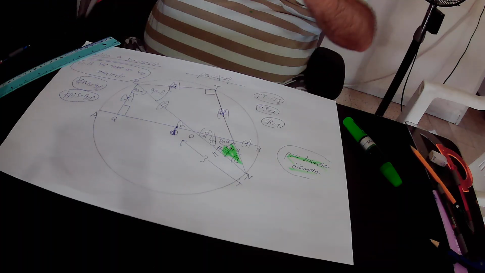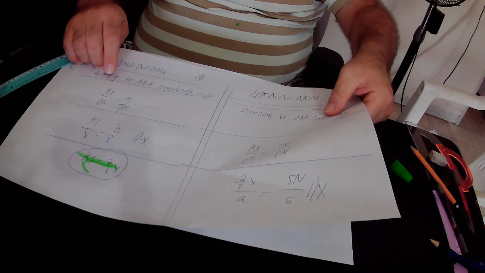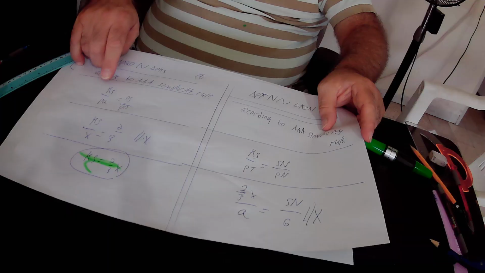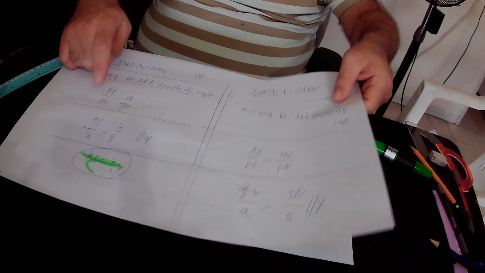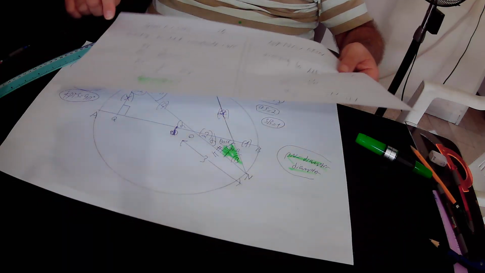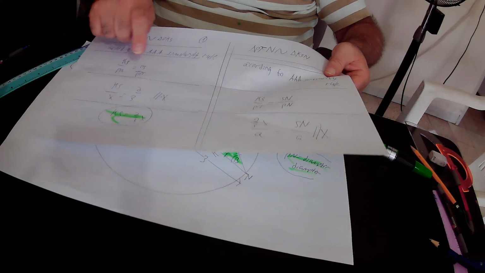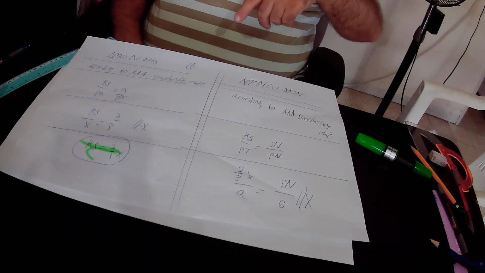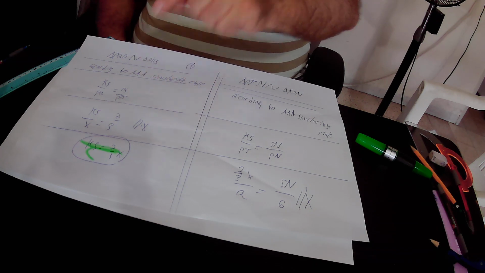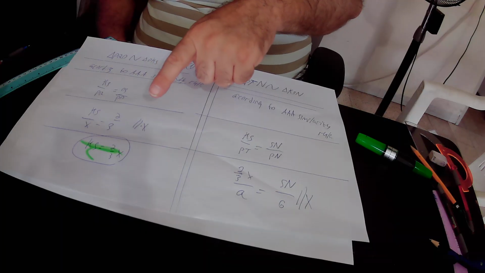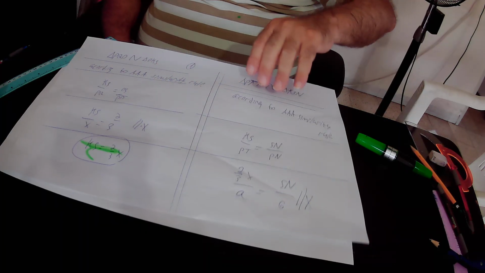Again, we found that KS over PQ equals OS over PO. KS is the missing side, PQ is X, SO is 2, and PO is 3. So in total, we found that KS over X equals 2/3. Here we multiply this equation by X and find that KS equals 2/3 X.